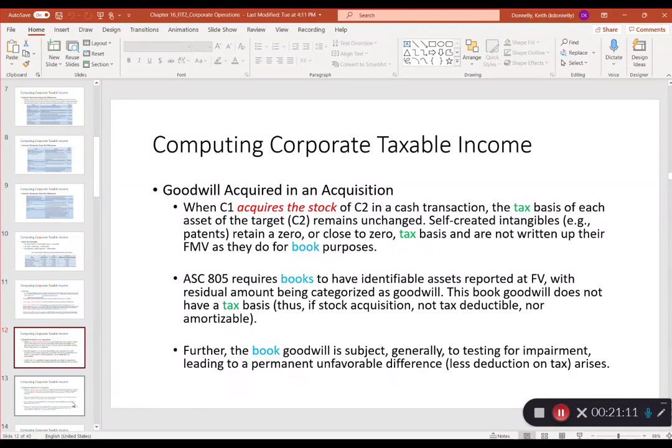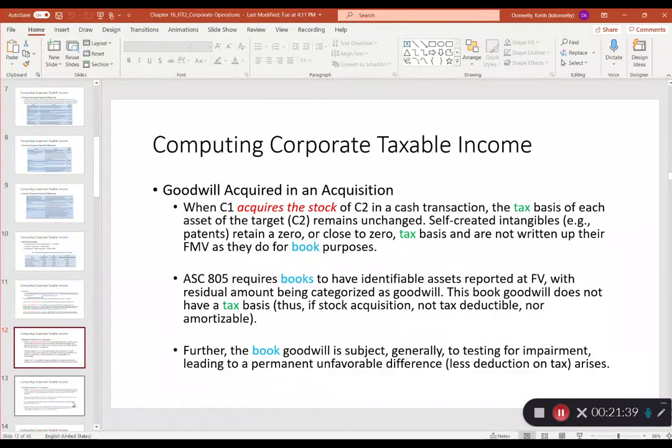So goodwill, accounting for goodwill can provide for a book to tax difference. So if we have a corporation acquiring the stock of another corporation, the tax basis of each asset of the target is going to remain unchanged. Likewise, self-created intangibles retain a zero or close to zero tax basis and are not written up to their fair market value as we do on the books.